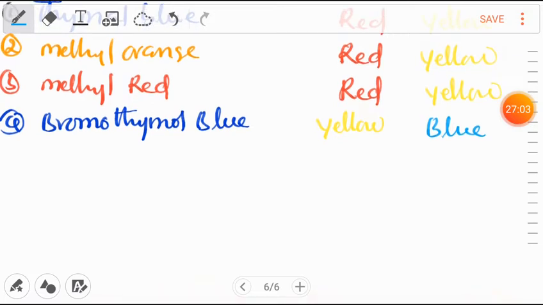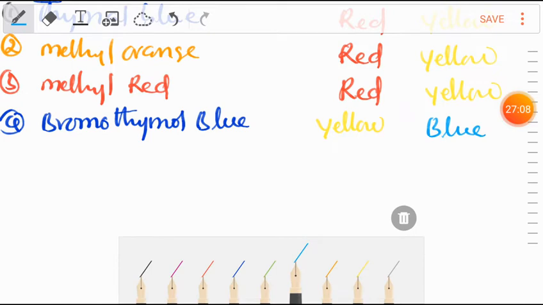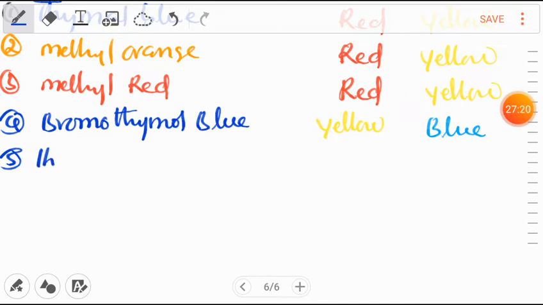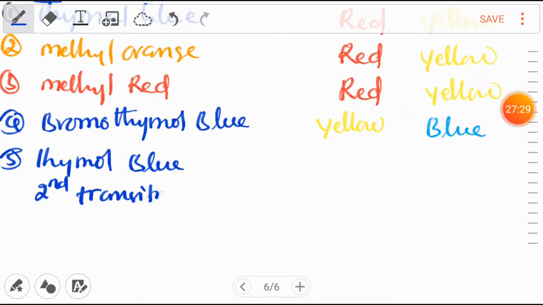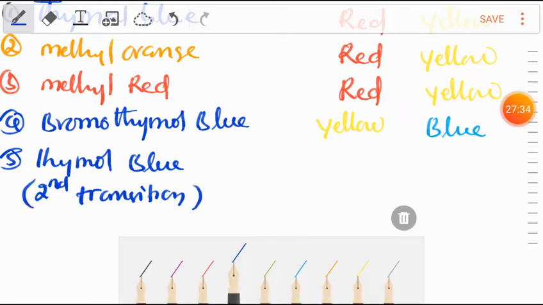Next, thymol blue. So thymol blue already appeared, this is its second transition. What is meant by second transition? It means after some time the colors will change.